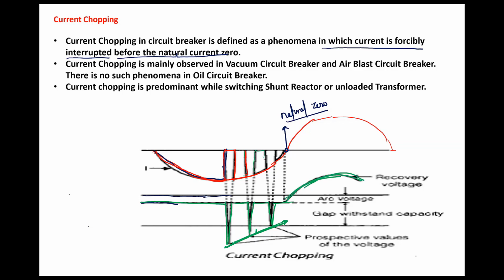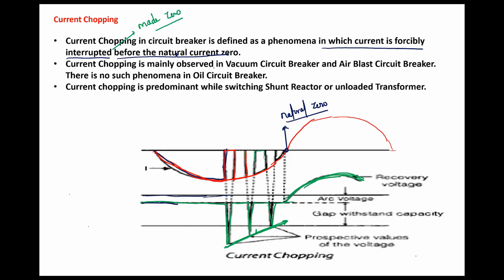It is recovering. Understand? So current chopping in the circuit breaker is a phenomenon in which the current is forcibly interrupted or made zero before the natural current zero.